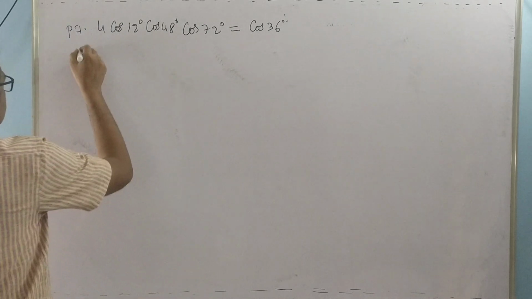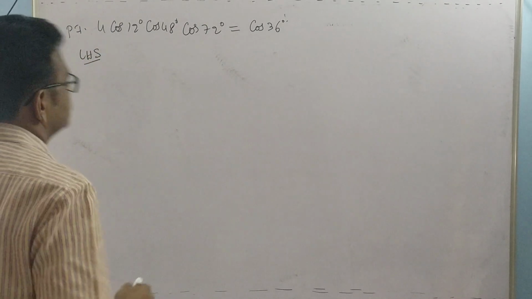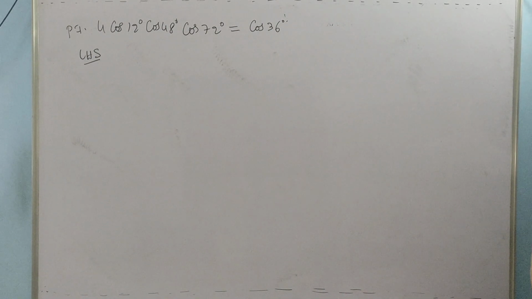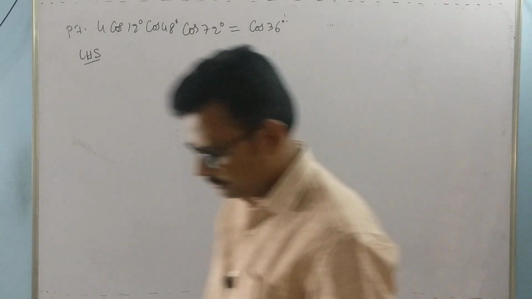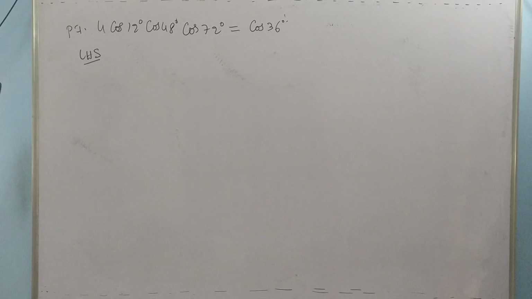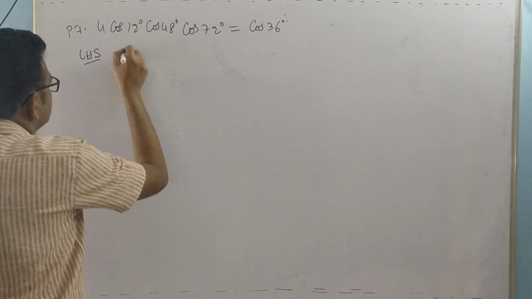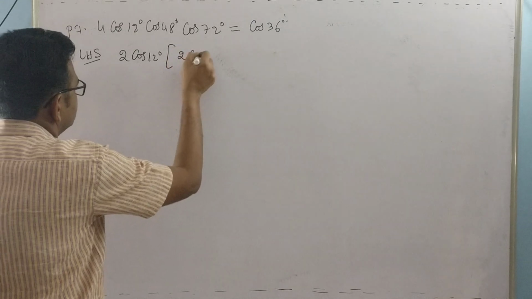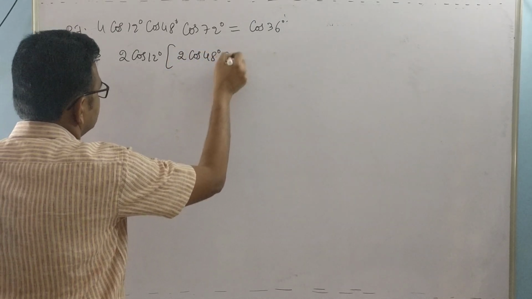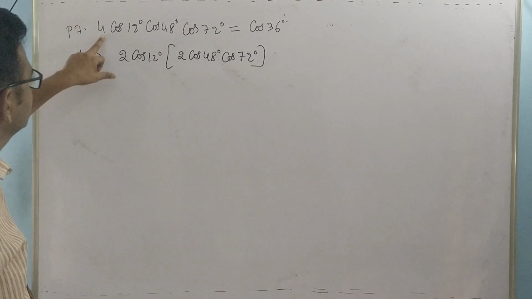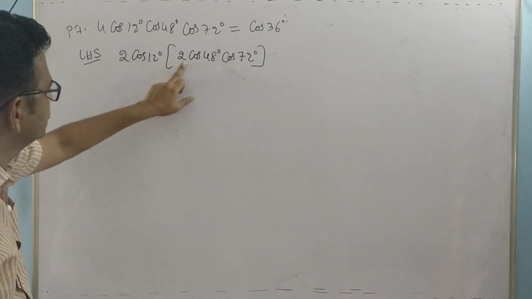Now taking LHS. LHS is 2 times cos 12 degrees into 2 into cos 48 degrees into cos of 72 degrees. I can write 4 as 2 times 2.